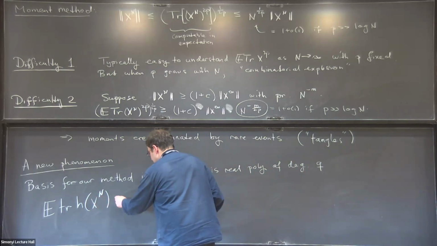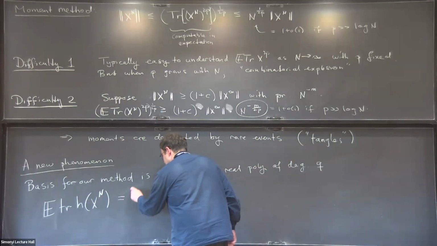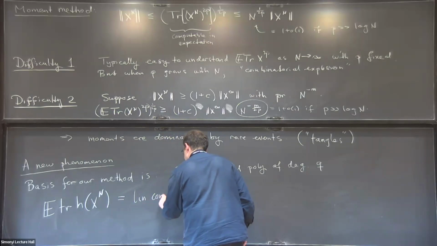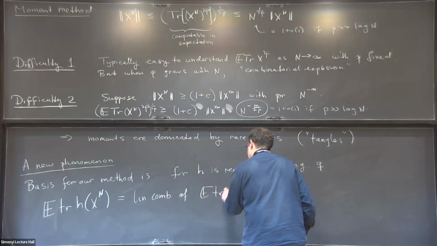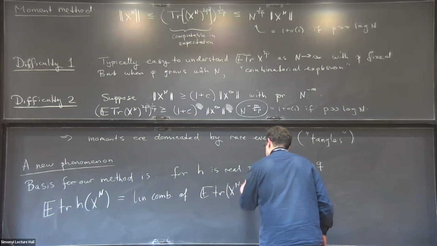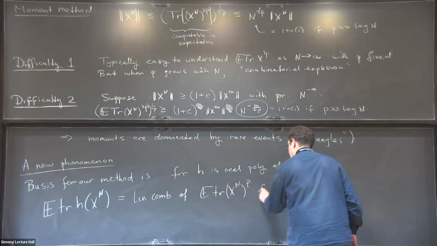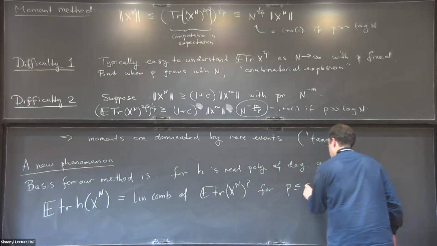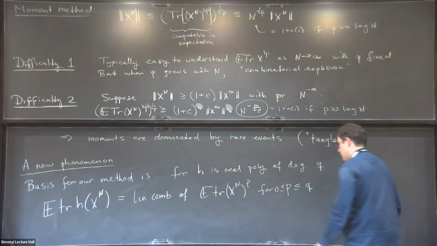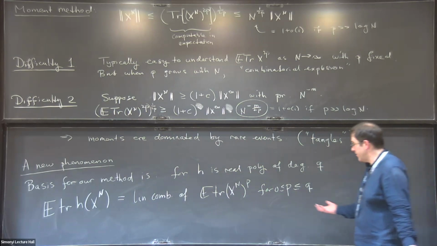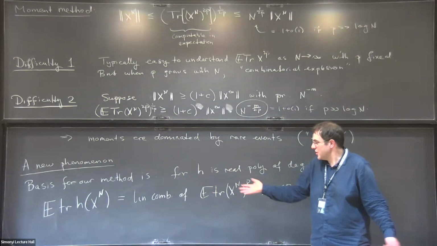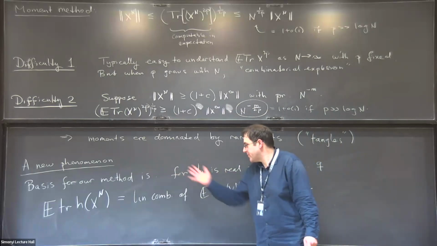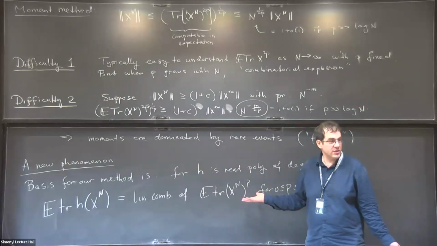Now, of course, this is nothing else than a linear combination of the expected traces of X_n to the power p, for p between 0 and q. It's a real polynomial, just a linear combination of powers. Right? And these are the moments. I'm not doing anything here. I'm just saying the basis for our method is to compute the expected trace of a polynomial. These are just linear combinations.